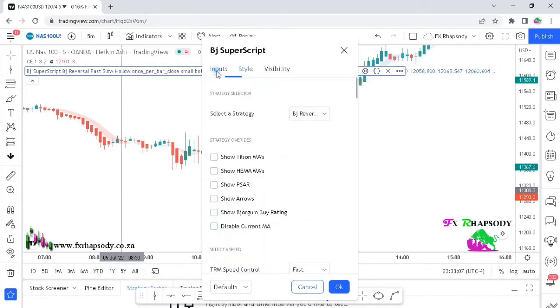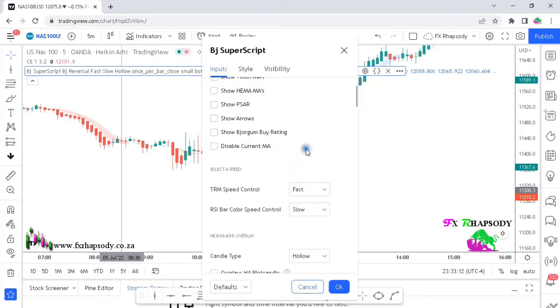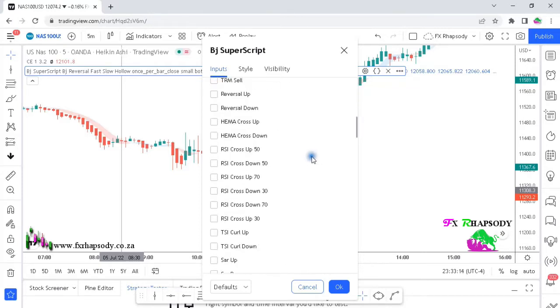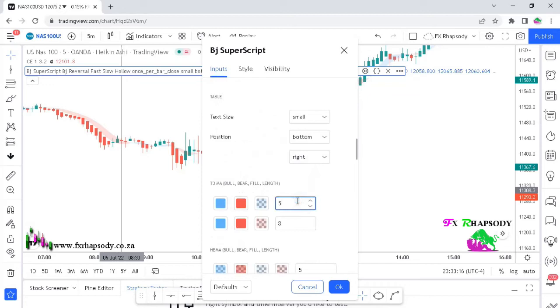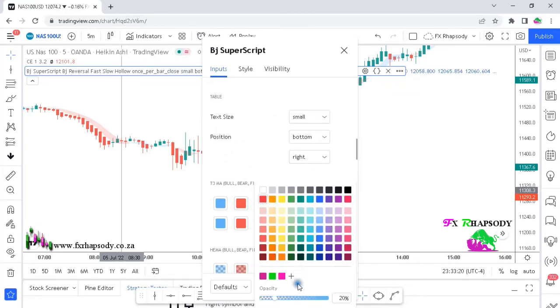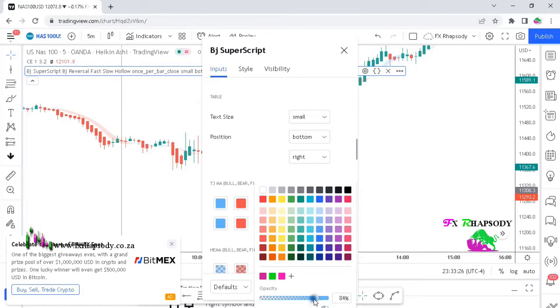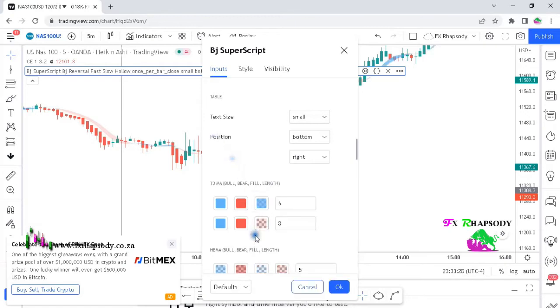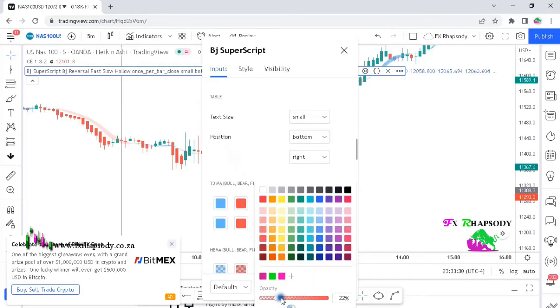Then in the inputs, you just want to change this 5 to 6. Over here we just want to make this a little bit more visible, around about there, and this one also a little bit more visible so we can see it on the chart.